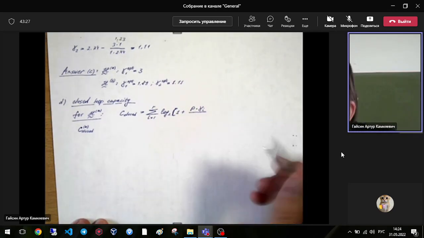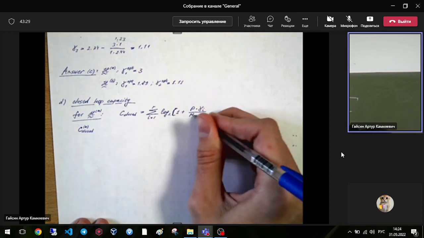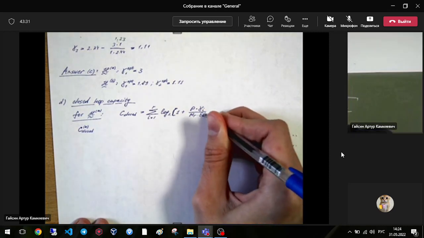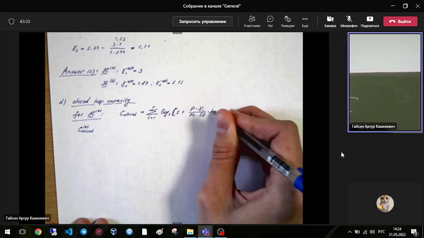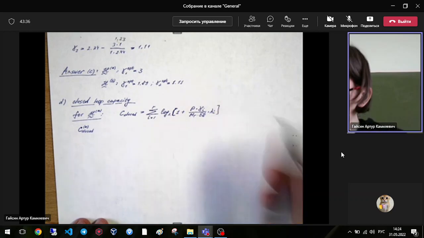So P times omega i divided by MT times sigma n squared, and then multiplied by our eigenvalue.